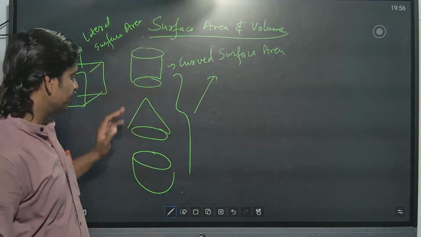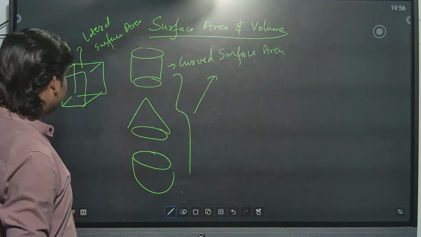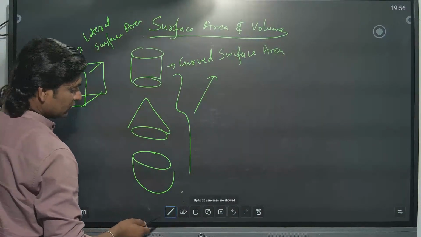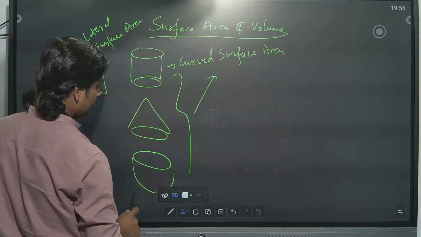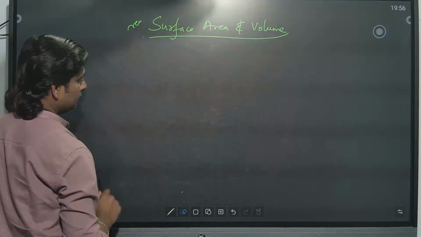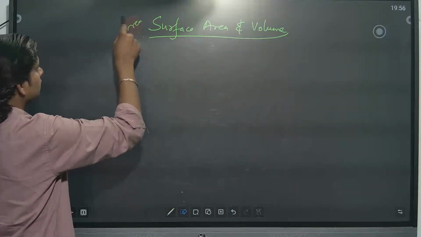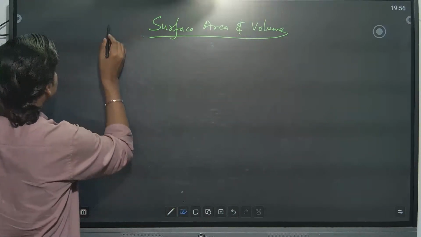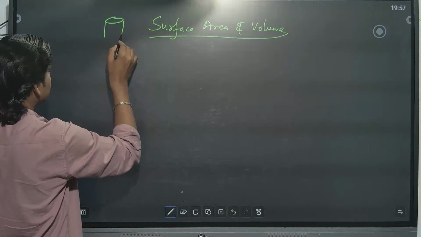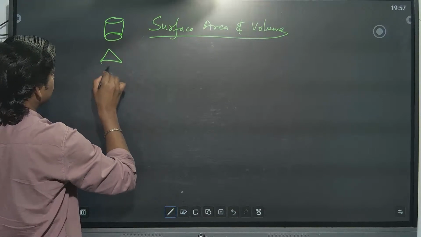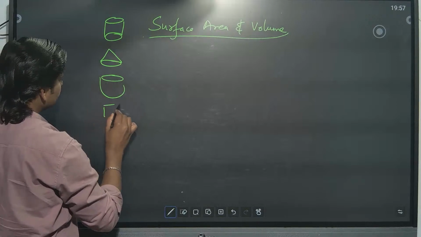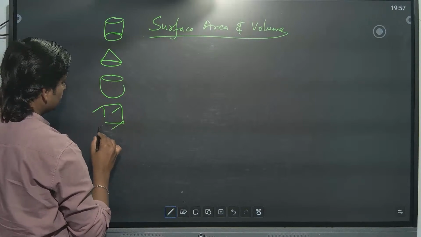Now, what are the possible combinations? I will draw small. This is cylinder. This is cone. This is hemisphere. This is our cube.